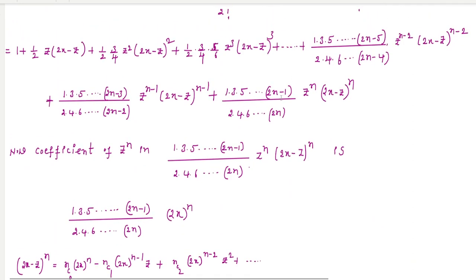What I'm going to do here is compare the z power n coefficient. Here also I'm comparing the z power n coefficient. So this is our next term, the n minus 1 term. In the n minus 1 term also, I want to compare the z power n coefficient values.